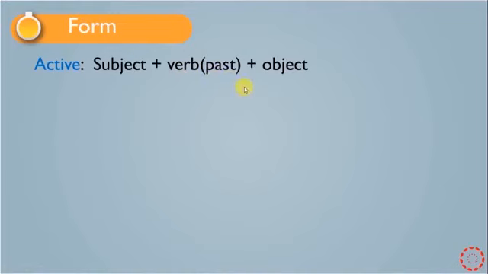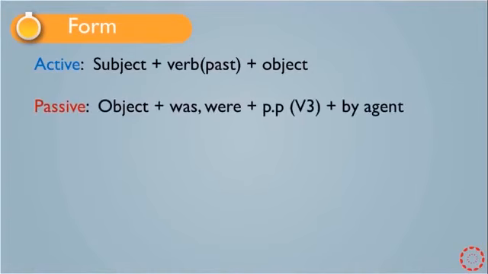When we want to change this active form to the passive one, we just move the object of the sentence and put it at the beginning of the second sentence, in passive voice, and then we write was or were, and after that we change the verb from past simple to the past participle, and then we may have by agent if we want to mention the doer of the action.